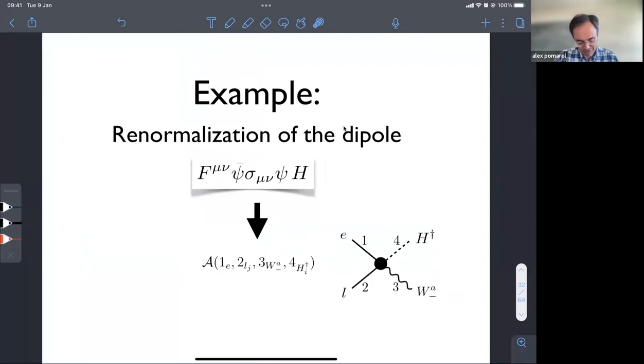Now in amplitudes, as I was saying, this is related to this amplitude. Here I have a gauge boson, two fermions, and a Higgs.